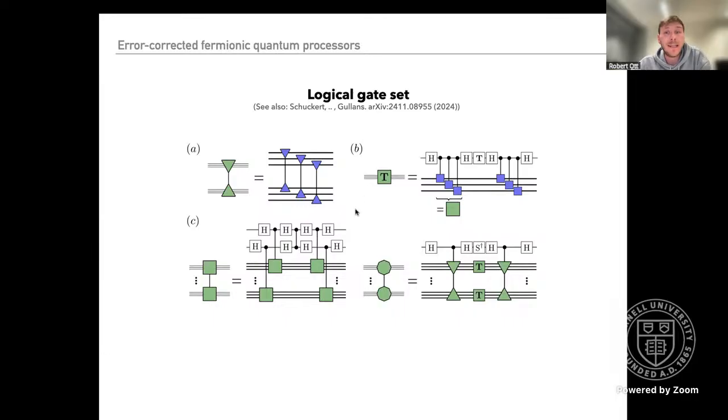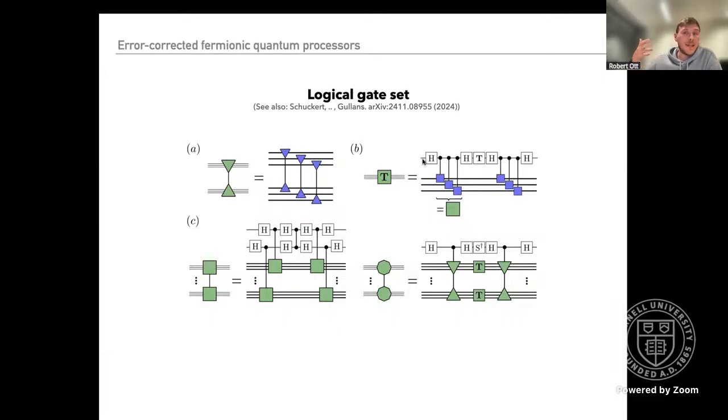Then there are gates such as T gates, and you might wonder how to implement them. That's actually a nice property, since this T gate is not really about a fermion. There's no tunneling of modes, swaps or anything involved. So in principle, you could think of a qubit that has a T gate.